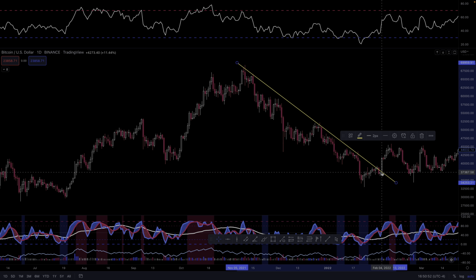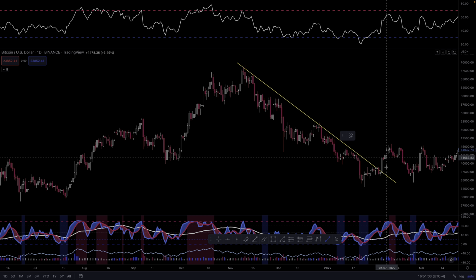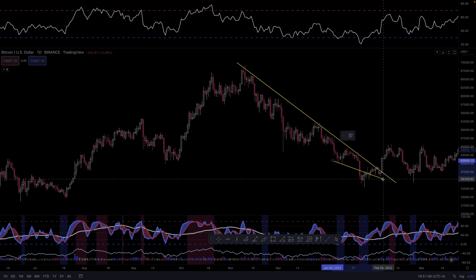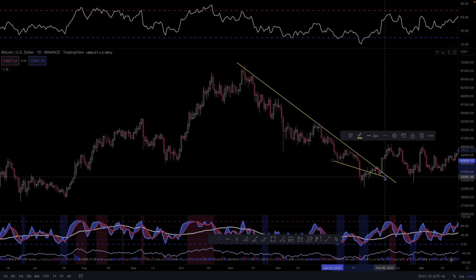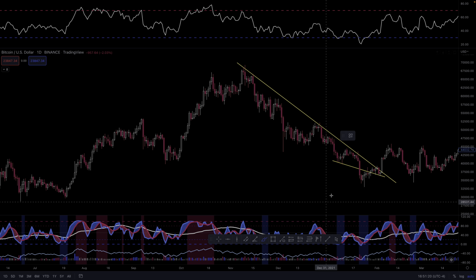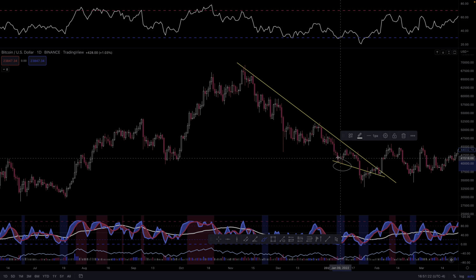But if you want to combine it with the RSI divergence, here's a cool thing. You have this breakout of the trend, but you also have lower lows from here to here. And divergences do work through price action. They don't typically have to be directly connected. So you see we have a pivot and another pivot here.